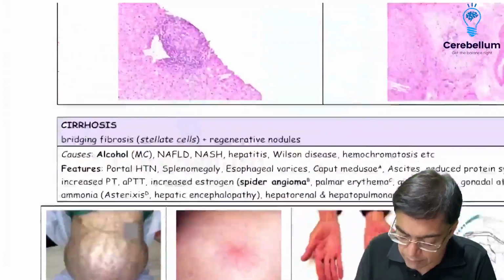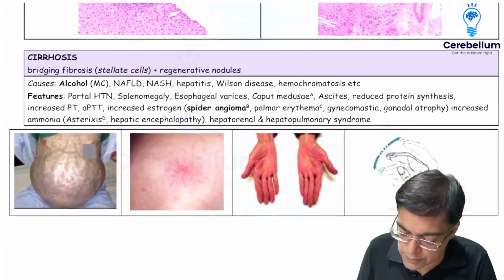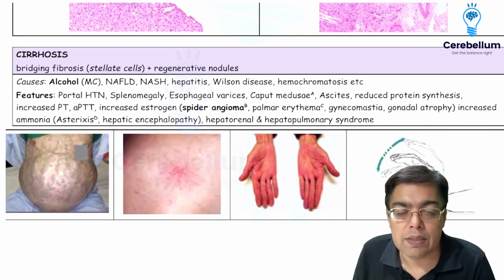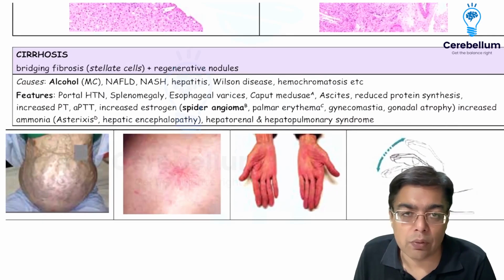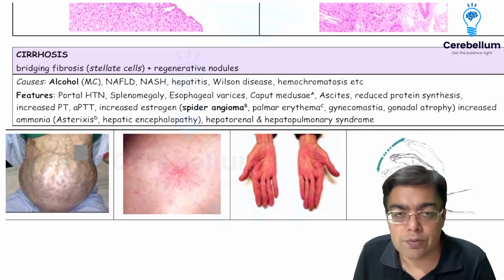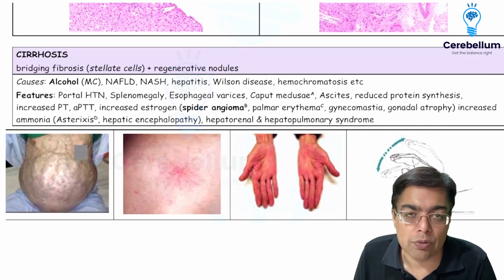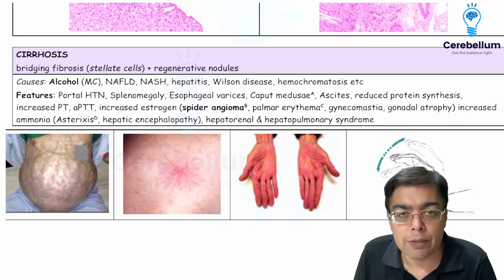Having said that, let's have a word or two about cirrhosis. Even though it's an example of a condition which is likely to be discussed with you in medicine, the mechanism or the important feature of cirrhosis that we need to remember over here is there is going to be a destruction of the liver architecture. And because of the destruction, there is going to be a deposition of the fibrous tissue. And to compensate for it, you would be having the presence of regenerative nodules.